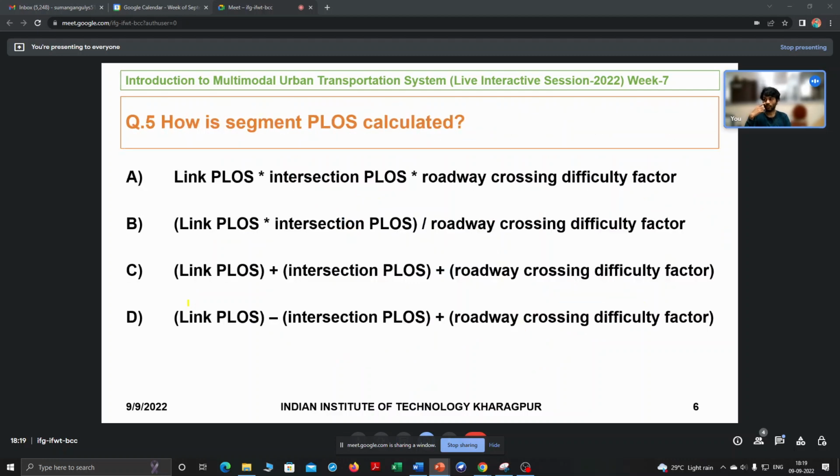Now the next question is, how is segment pedestrian level of service calculated? I already described how a segment is calculated. Now tell me how it is calculated. What could be the correct answer here? I told you how it is calculated for a segment.